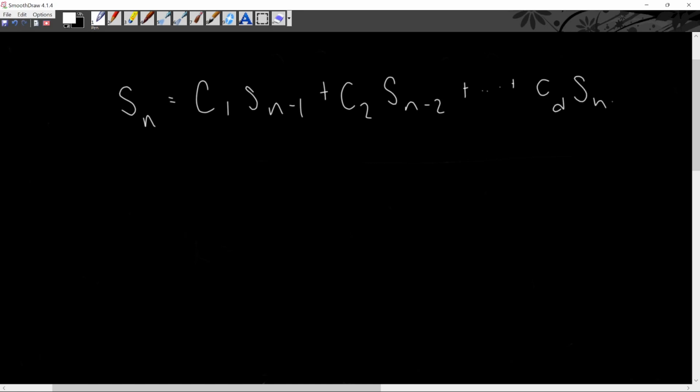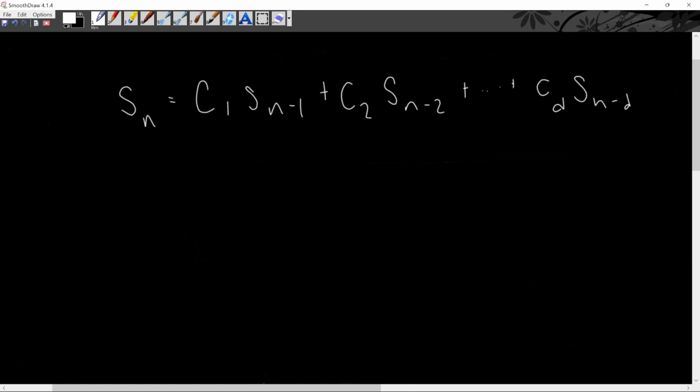So if you have this S sub n, this sequence, where you have C1 times S sub n minus 1 plus C2 times S sub n minus 2 plus, on and on until you get to C sub D times S sub n minus D.